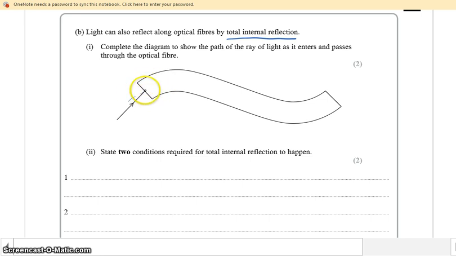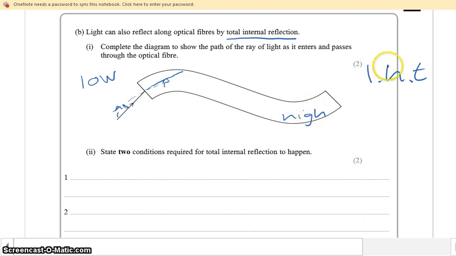Now, if we're doing this properly, which of course we'd like to do, then we'll notice that this angle here, because it's going from air, which has got a low optical density, to glass, which has got a high optical density, then you guys might remember LHT, which means that the ray is going to get bent towards the normal, so this angle here is going to be smaller than this angle here. Okay, the angle of incidence is going to be greater than the angle of refraction there.